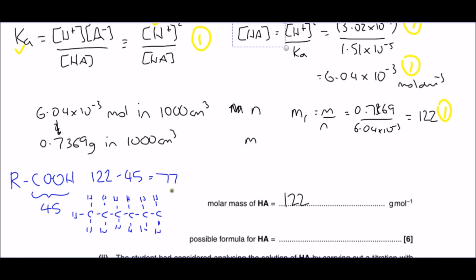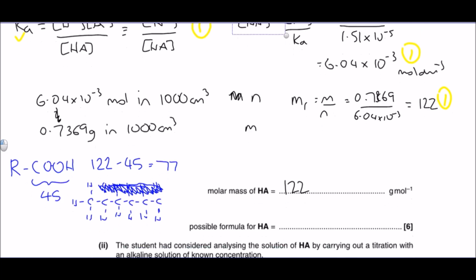If that adds up to 84, I need to lose 5. The easy way of losing 5 is to think about taking some hydrogens away. I know this structure doesn't make sense, but bear with me for a minute. So I'm getting rid of 5 hydrogens.